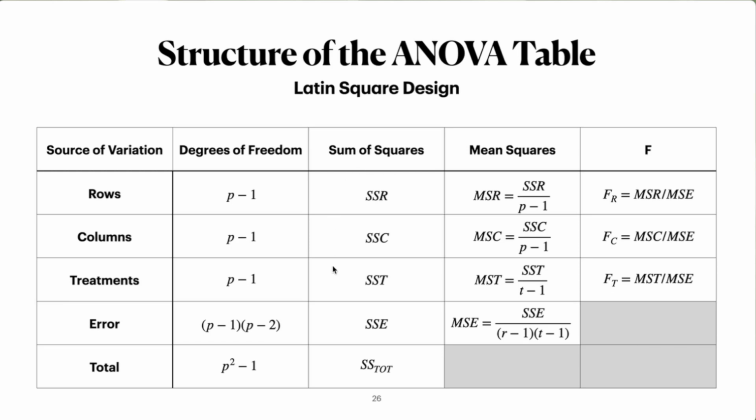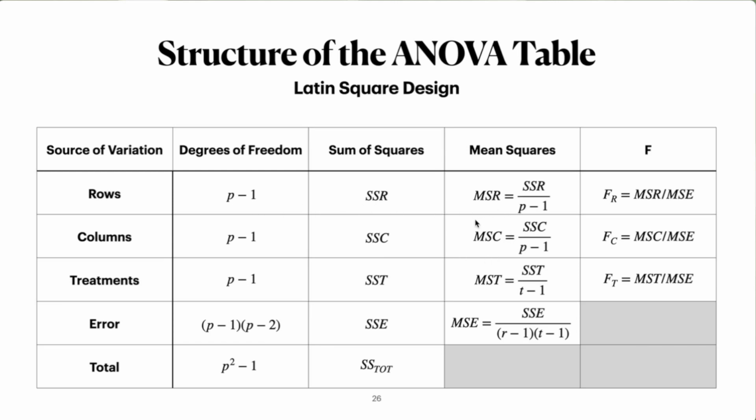Once we have the degrees of freedom and the sum of squares, we calculate the mean squares in the usual way. To get a particular mean square, we divide the corresponding sum of squares by its degrees of freedom. So to get the mean square for rows, we divide the sum of squares for rows by p minus 1.